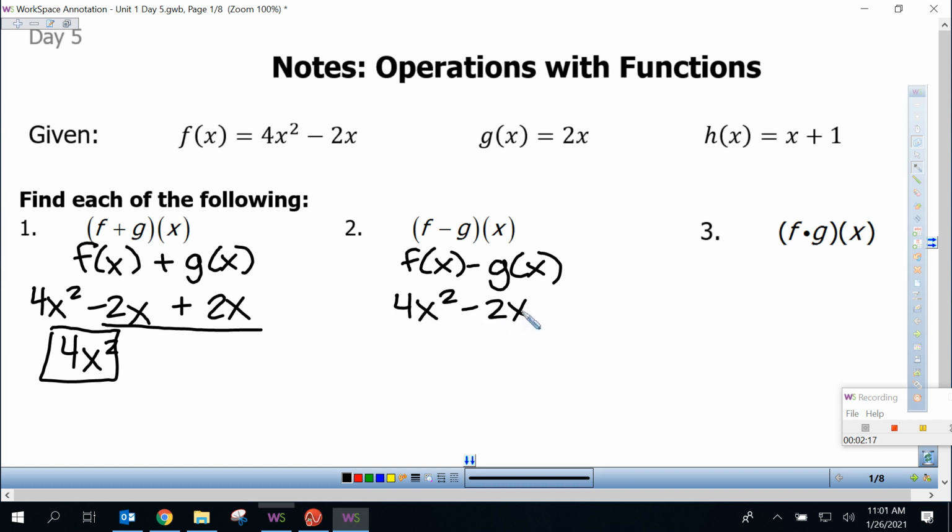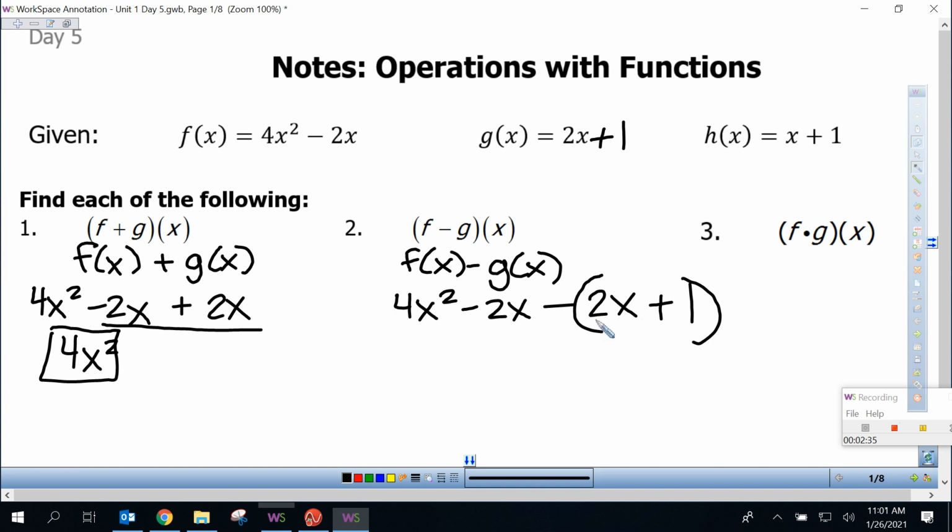And what do I put for g of x? Yes, we are subtracting 2x. Now, what if I was subtracting 2x plus 1? What would you have to have there? You would have to have parentheses.